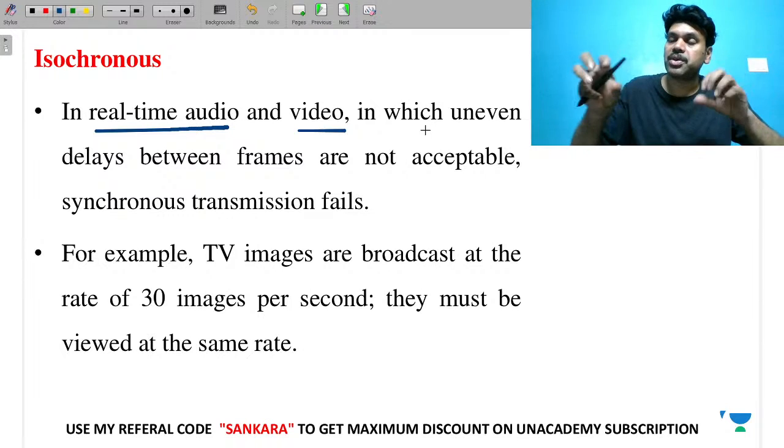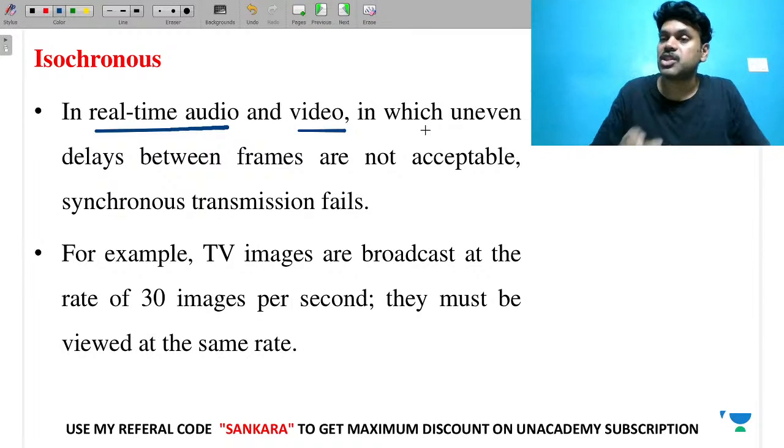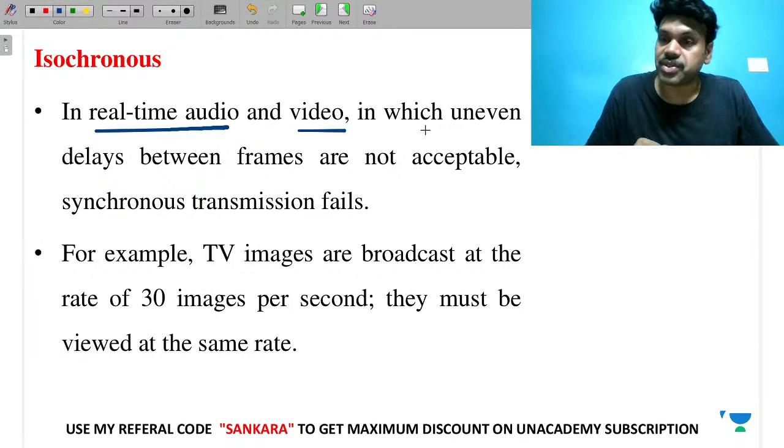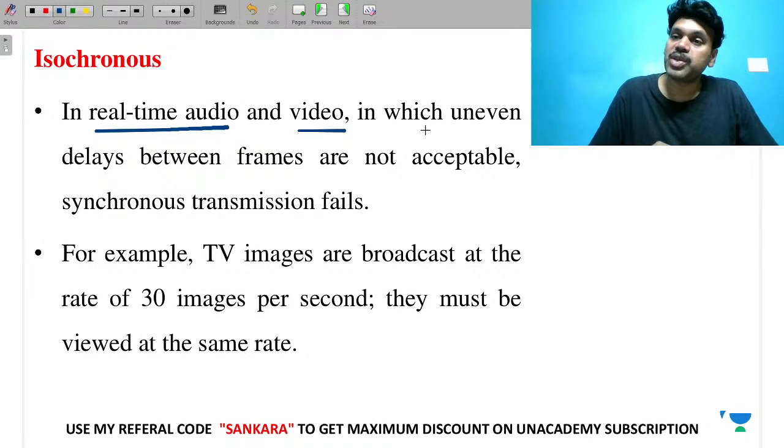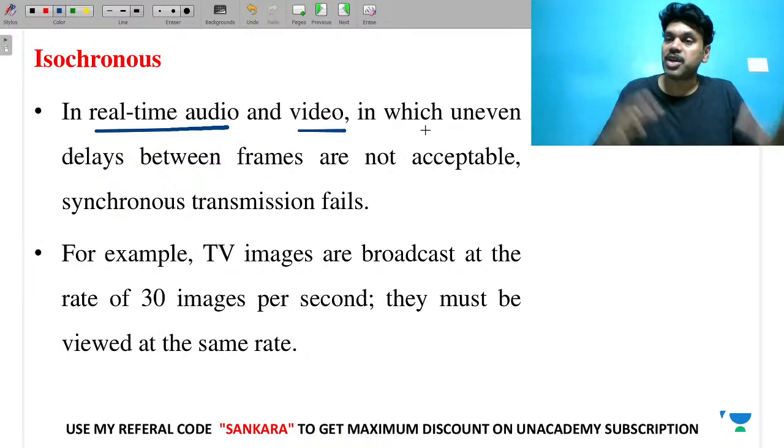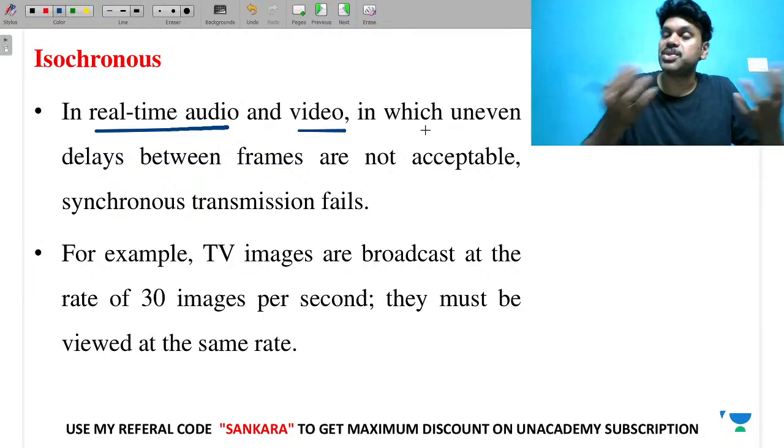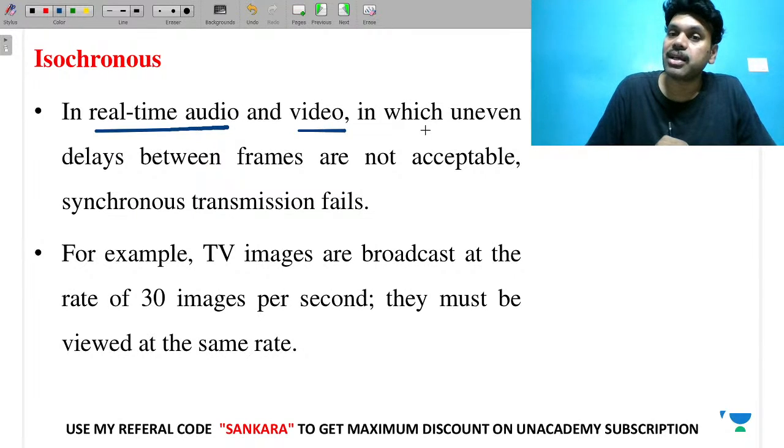Slowly it penetrates onto your monitor or TV. Then you will be frustrated seeing such movies and images, because it comes part by part. We want everything to be projected at the same time, then I can see a movie or image clearly. So that delay we are not going to accept.